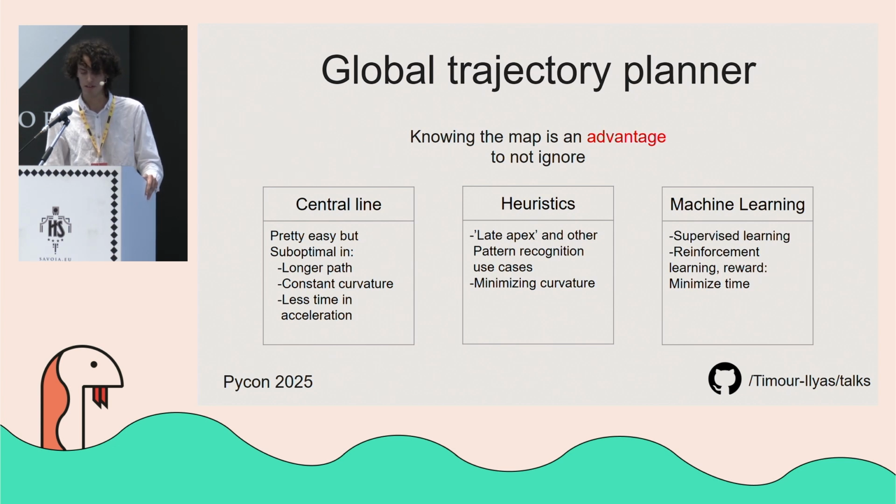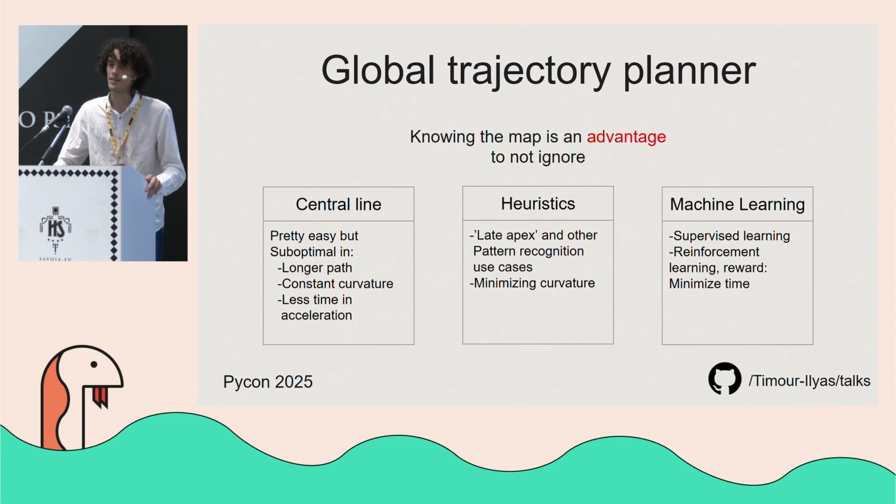And so reinforcement learning can actually be used also for the local path planner, but in this case, it's even stronger. And with, of course, a reward minimizing the time. It's important, not the shortest path, because as we saw before, it's not the same thing.